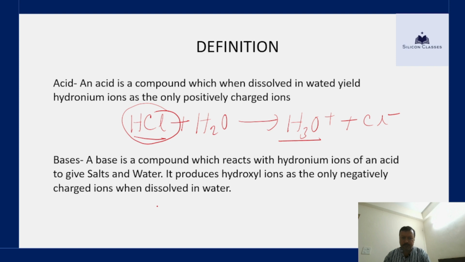Suppose NaOH, Na plus OH minus. So sodium hydroxide dissociates to form hydroxide ion, so sodium hydroxide is a base. Any compound which dissociates to form hydroxide ion will be called a base.